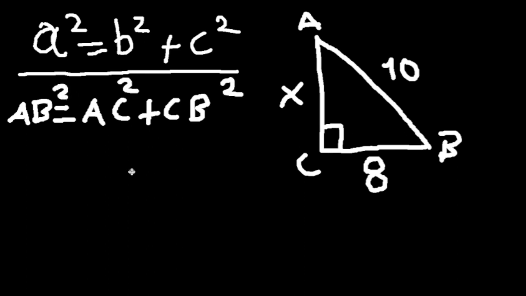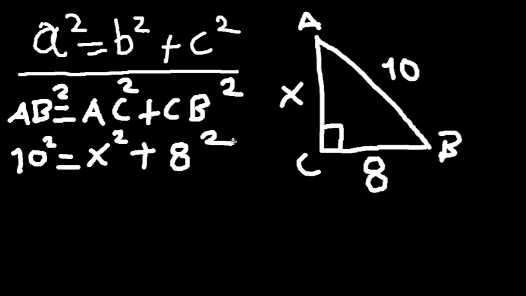Now we plug in the values. So AB is 10, right? 10 squared, which is equal to x squared plus 8 squared. Alright, and now we just have a simple equation. So let's just solve for x.